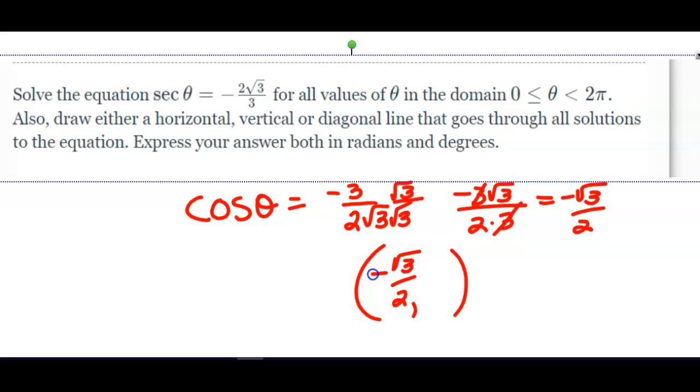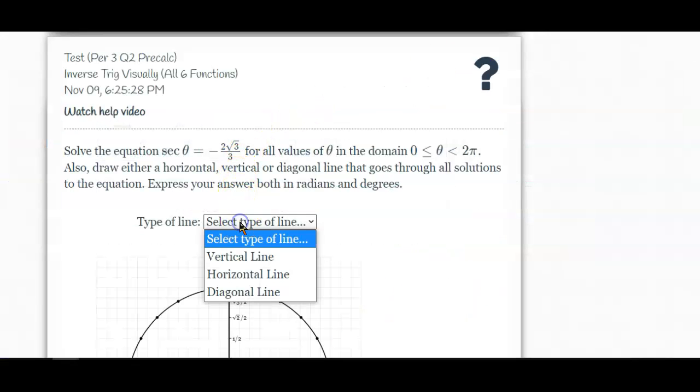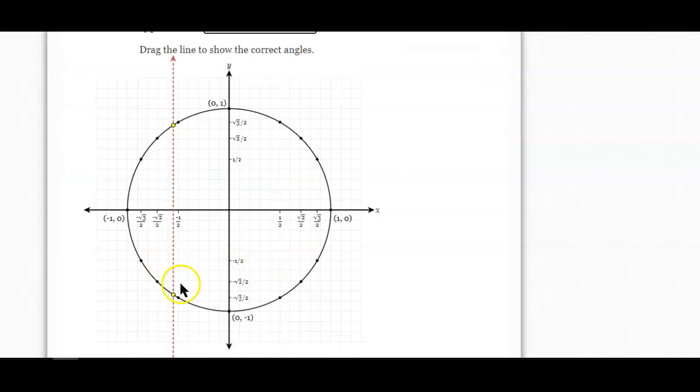Now, cosine is an x value, so I need a vertical line that shows where the cosine is going to be negative square root of 3 over 2, which is going to be here. X is negative square root of 3 over 2. And then you just need to tell me what those two angles are that would get you to that spot and that spot.